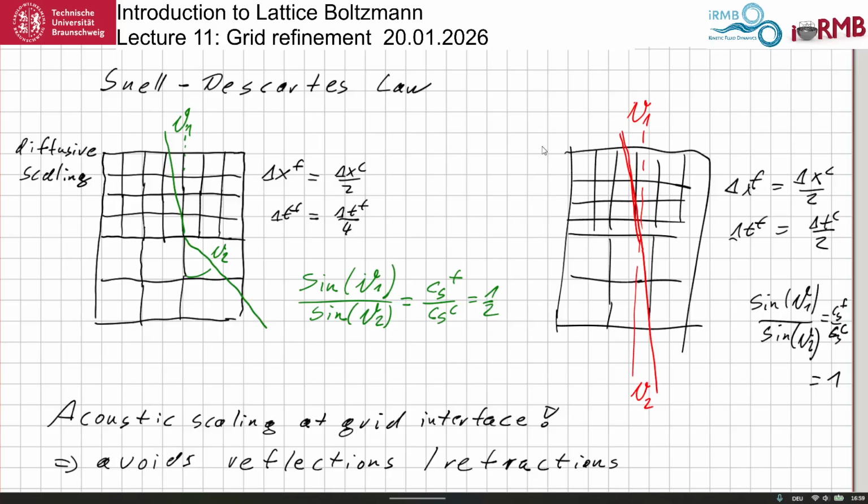So if they have an offset somehow, or they have grid oscillations, that does not pollute the solution of the Navier-Stokes equation, which is a very good thing. However, in lattice Boltzmann you actually have this sort of offset and oscillations naturally occurring.